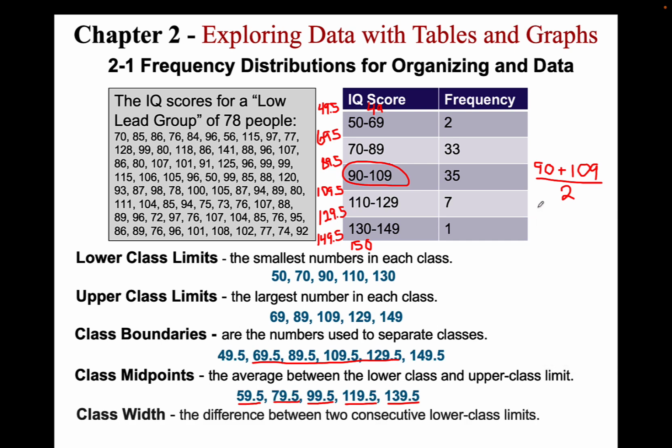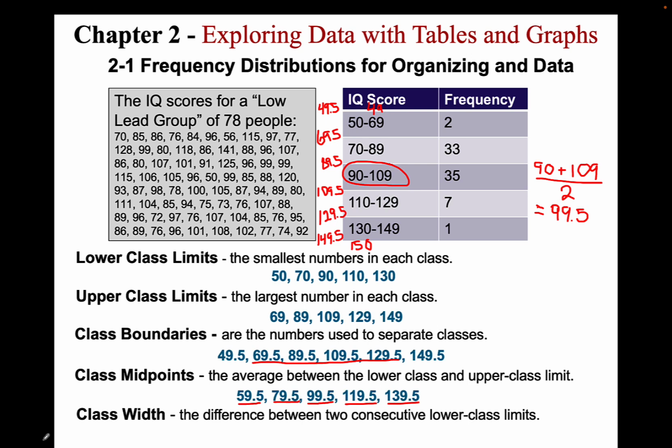And this one right here is how we got the 99.5. So try the other 4 classes. So take your calculator out, add the limits together, and divide by 2 to make sure you know how all 5 of those class midpoints were calculated.